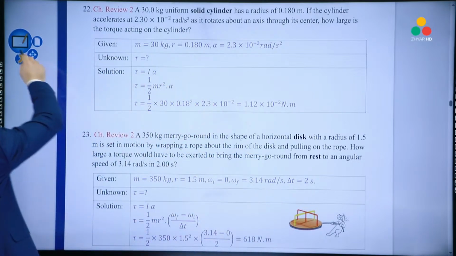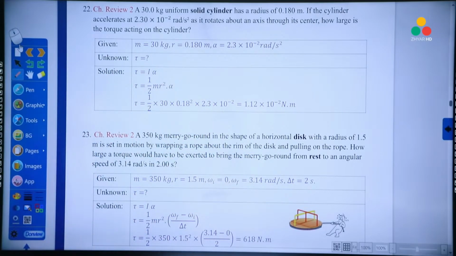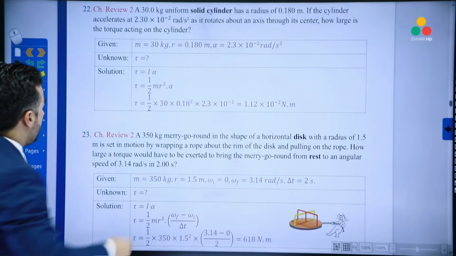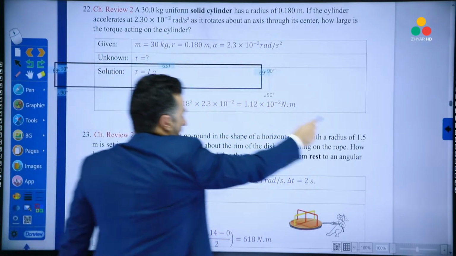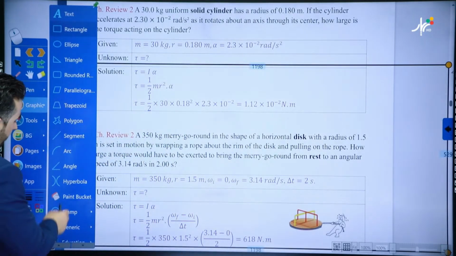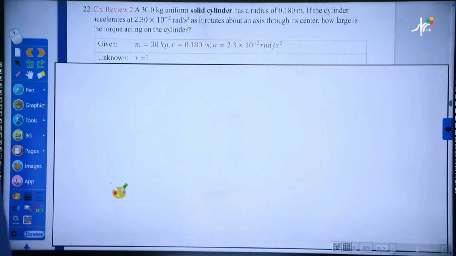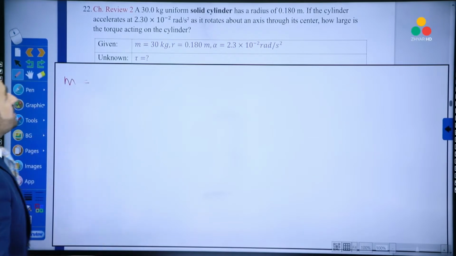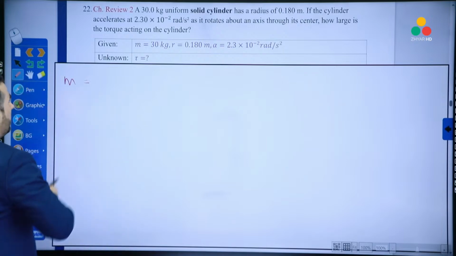So let's see if you can find it yourself. Like always, write the information that is given, or you can underline the keywords first, and then write the information that is given based on what you underline. So the first thing that we have is a mass. What is the mass? It is 30 kilogram.